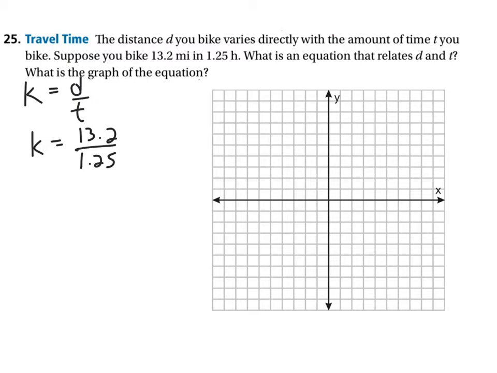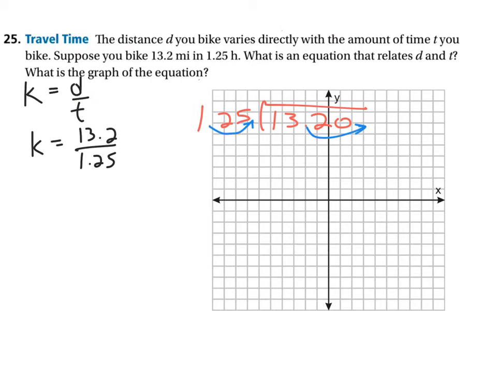So we've got 13.2 divided by 1.25, and there's a rule that says we can turn this into a whole number, 125, by moving the decimal over 2 places. If we move the decimal over 2 places here, we will get the exact same solution, but we of course have to fill in a 0 there.